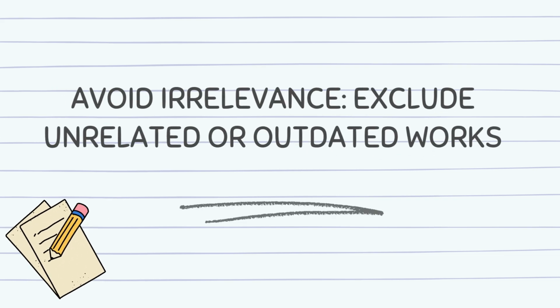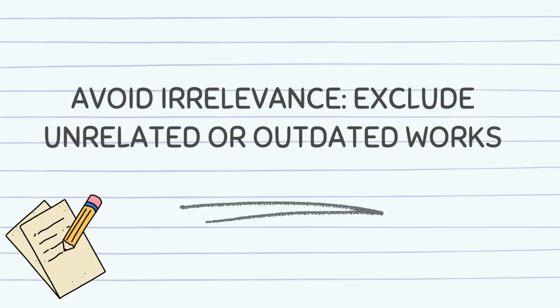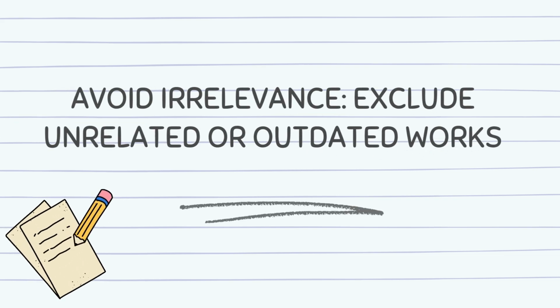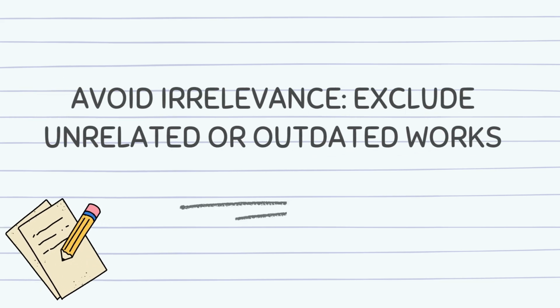Another key consideration is avoiding outdated sources. While foundational theories and landmark studies are essential, researchers should prioritize recent publications, typically from the last 5 years, to ensure that the literature review reflects current developments and modern perspectives.